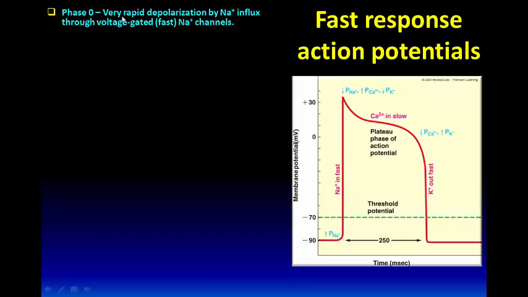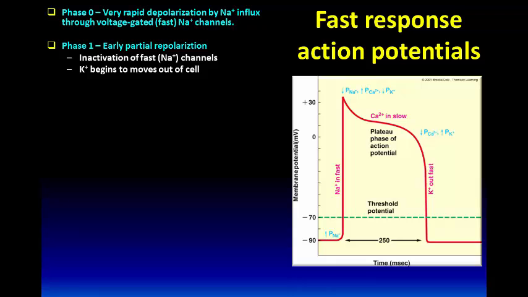Phase zero is very rapid depolarization by the influx of sodium through voltage-gated fast sodium channels. Then we have phase one. This is early partial repolarization, during which the fast sodium channels are inactivated, and we have efflux of potassium through transiently opened potassium channels.